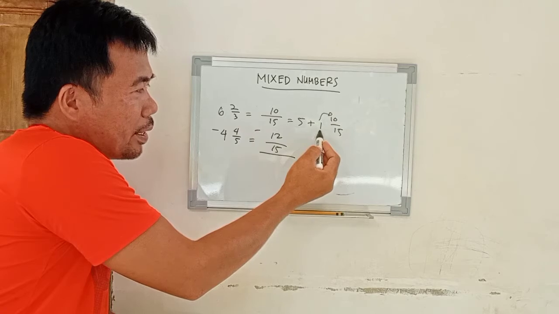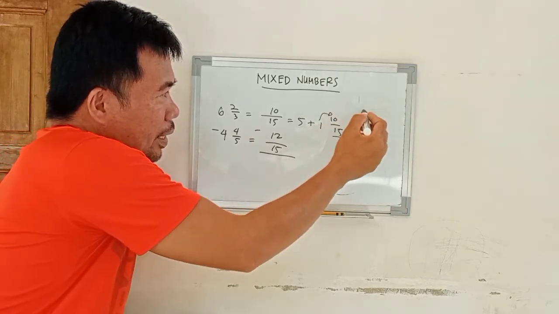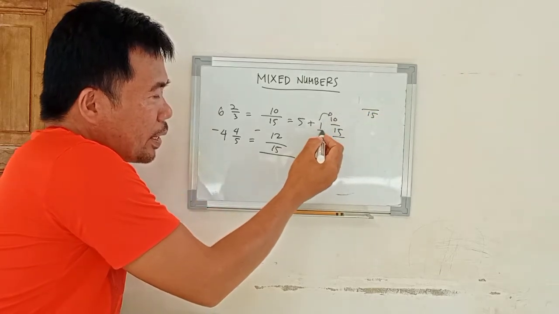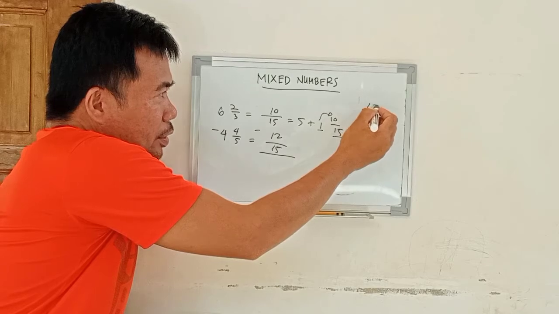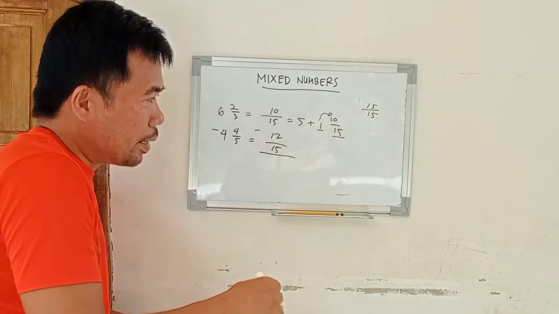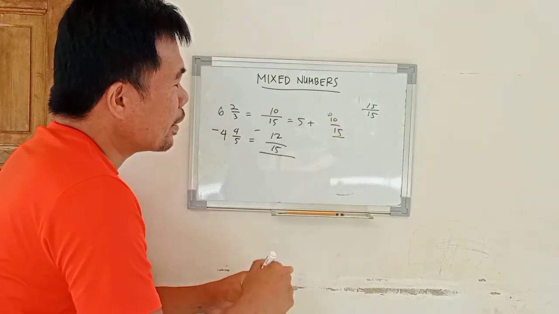Since the denominator is 15, and since this is 1, the numerator is 15. So this number 1 will become 15 over 15.